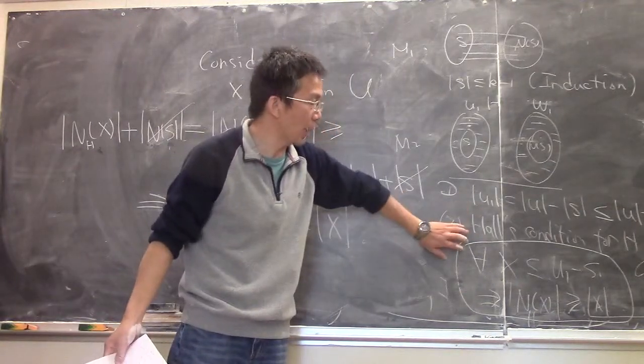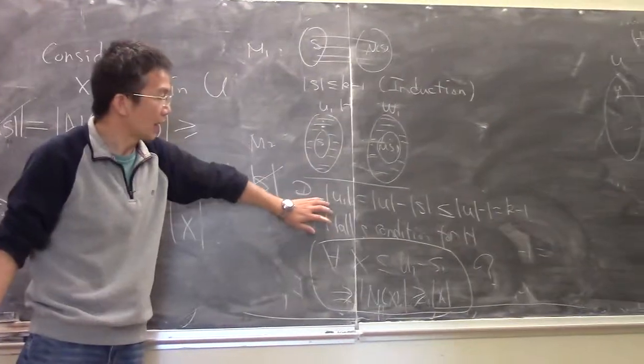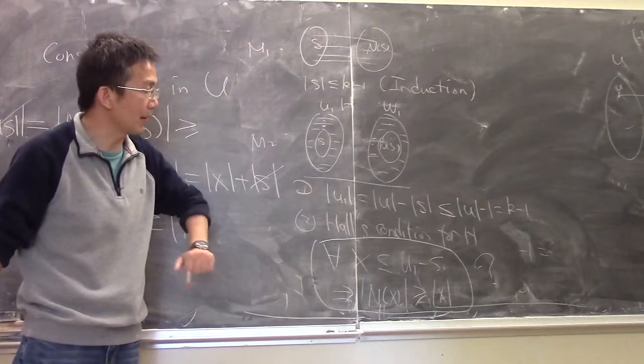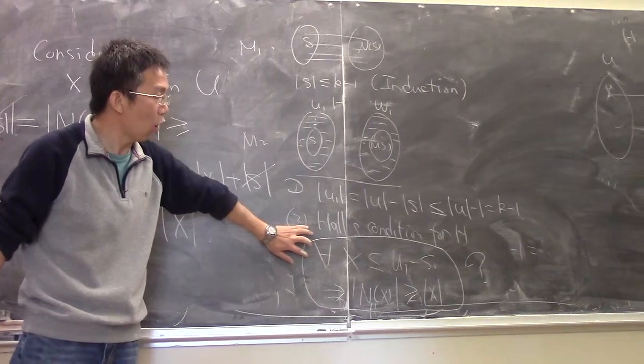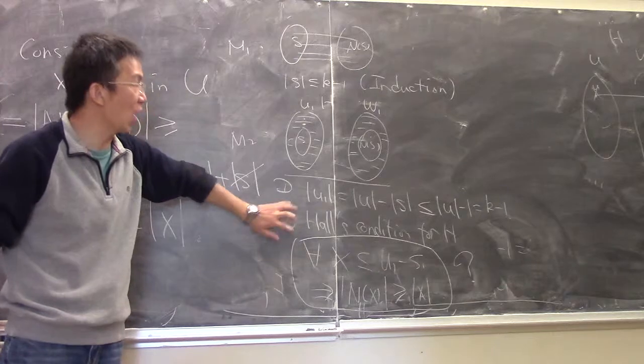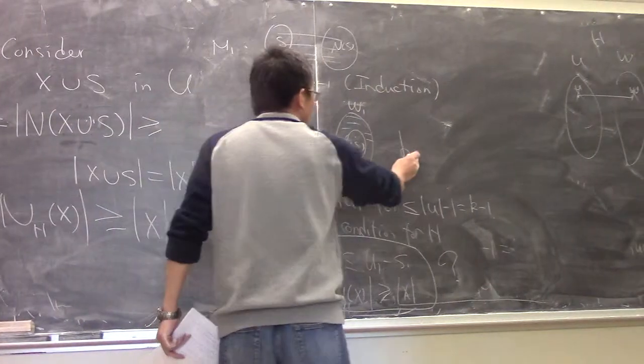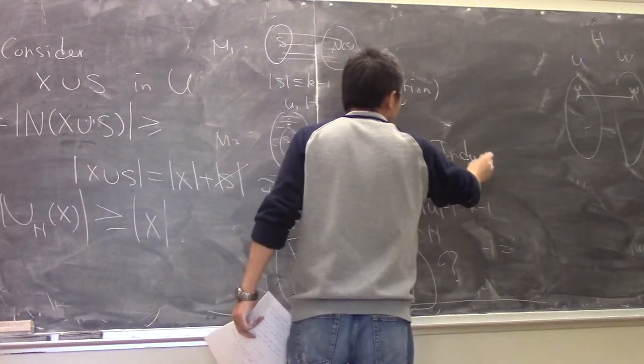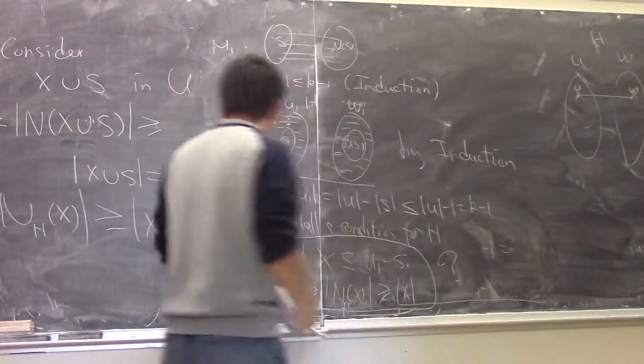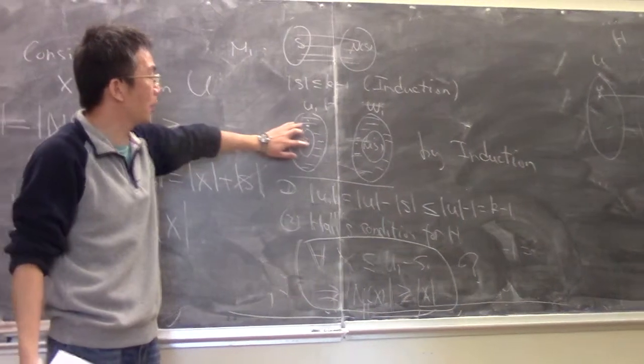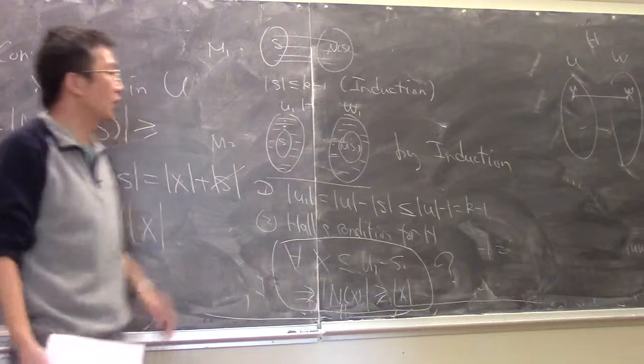For this subgraph H, the cardinality is less than or equal to k minus 1, and it also satisfies Hall's condition, right? And by induction, again by induction, I know there's a perfect matching in this H, right?